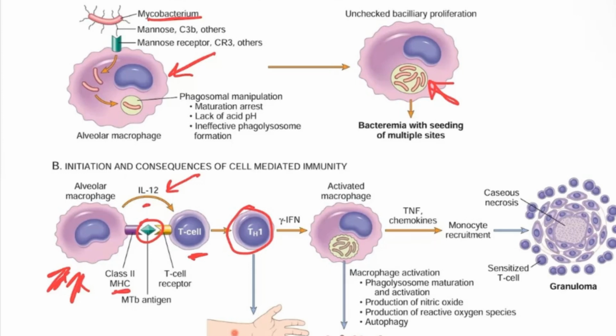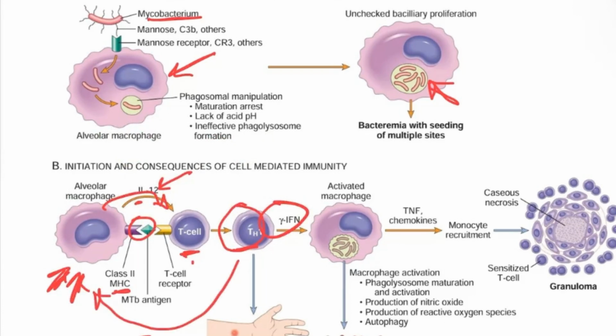And once the naive T cell becomes a Th1 cell, that Th1 cell will in turn produce interferon gamma. The activated Th1 will produce interferon gamma. So it's like tit for tat. You scratch my back, I scratch yours.